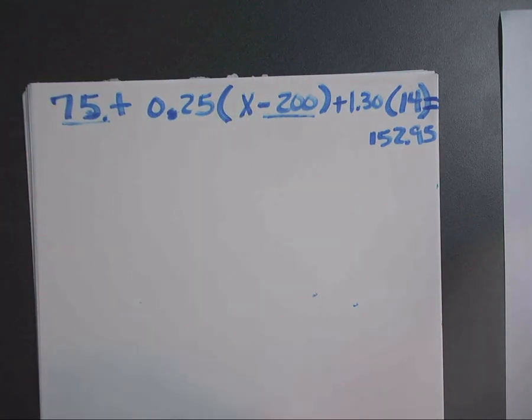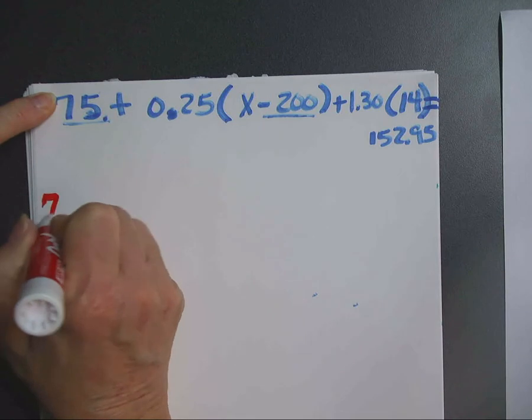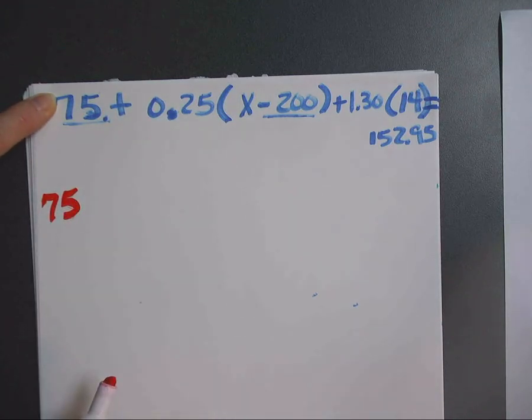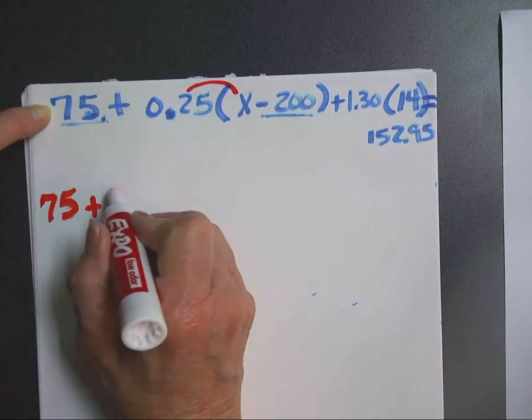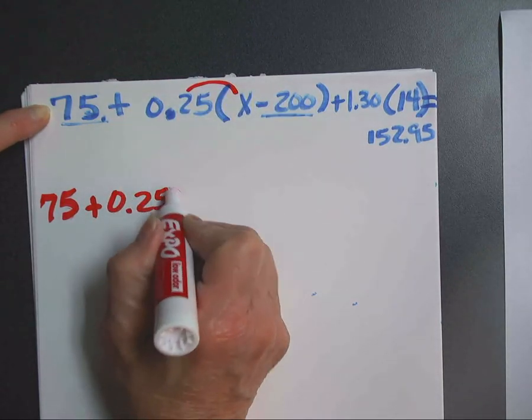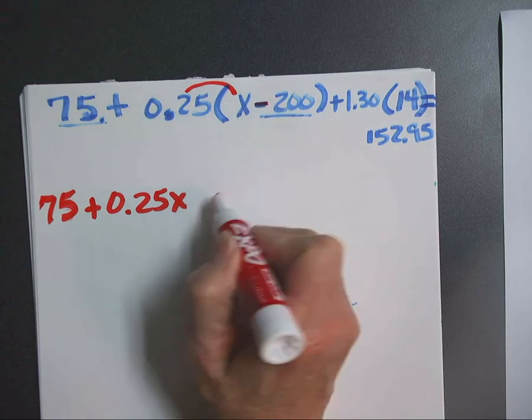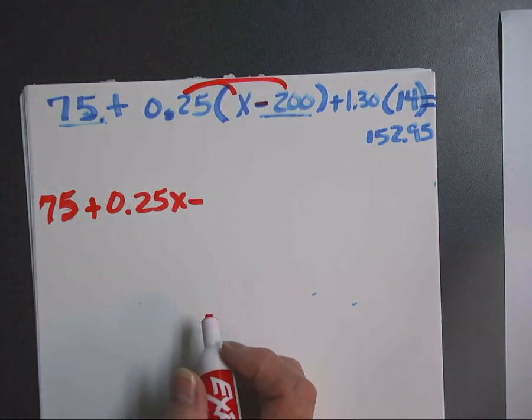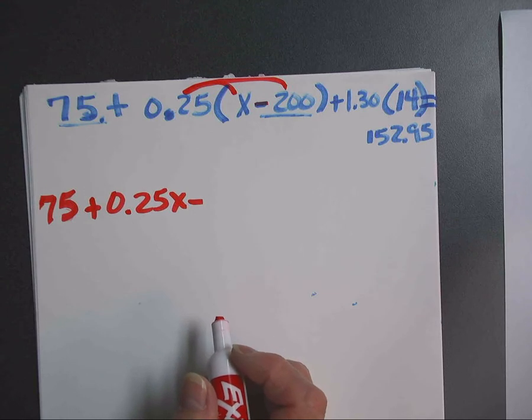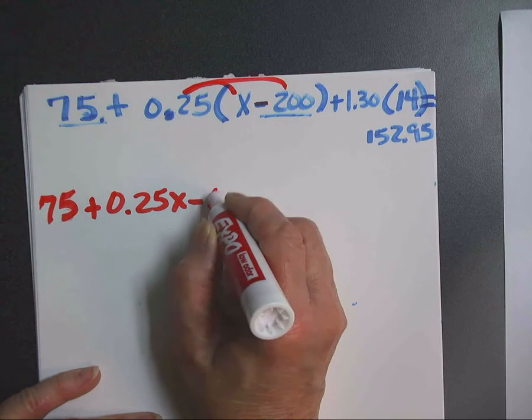Okay, let's redo this. This was what you had to pay to begin with. This times X is right here. Now minus 25 cents times 200, 0.25 times 200, is 50.